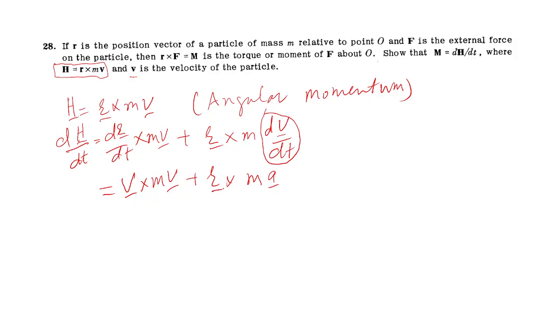Now the first term is 0 because v cross v is 0, the same vector cross product is 0.